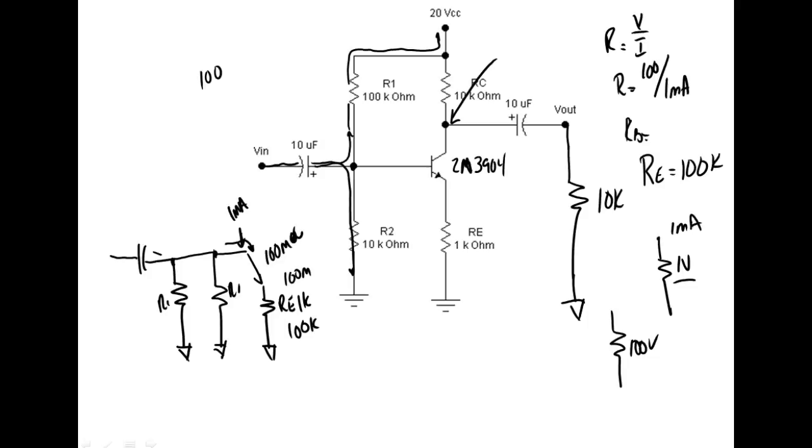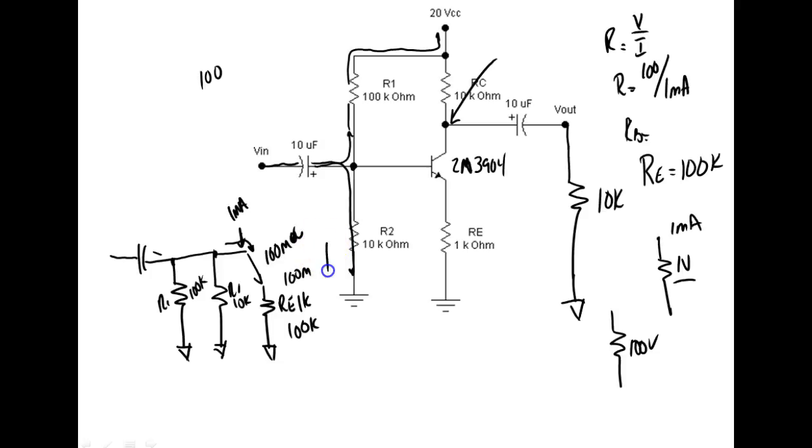Does that make sense? So what do we have over here? We have 100K in parallel with a 10K in parallel with another 100K. That's what your input sees. Now, where's your output?